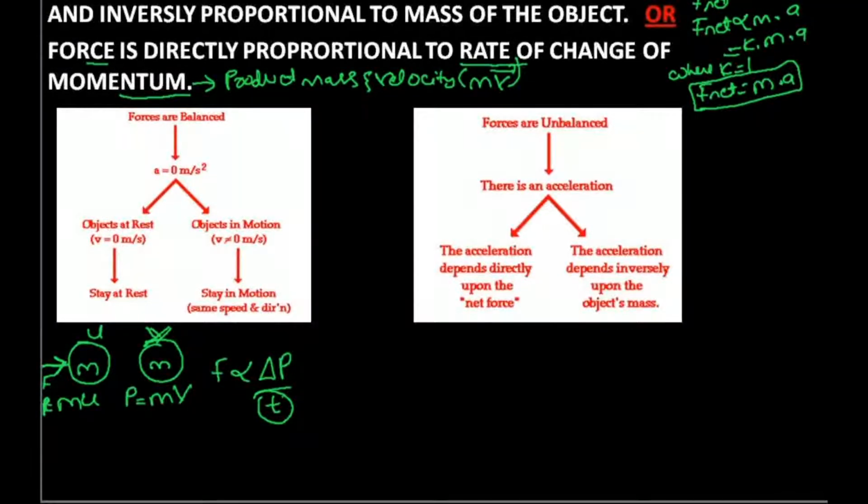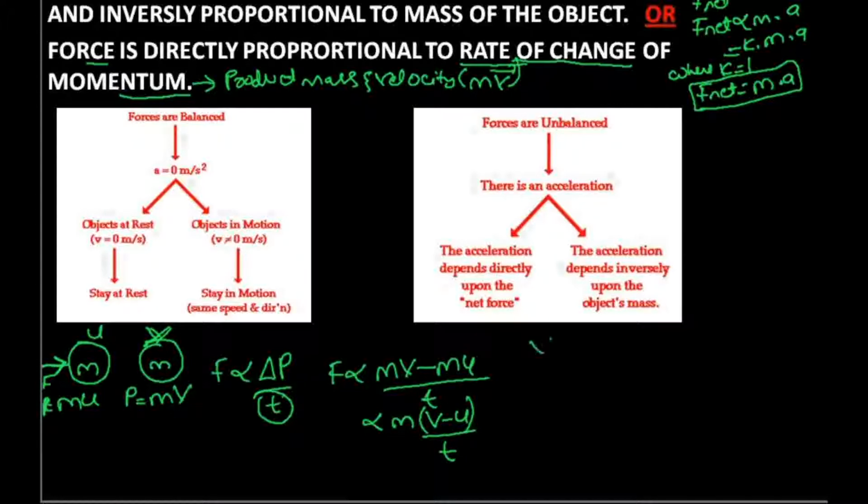So F is directly proportional to mv minus mu by t, and m is taken as common, m times v minus u by t. With the kinematic equation v is equal to u plus at, if we make the equation for a, a is v minus u by t.